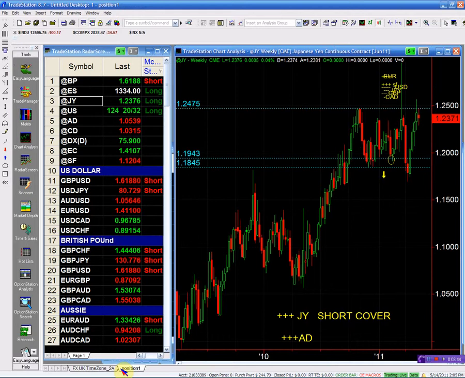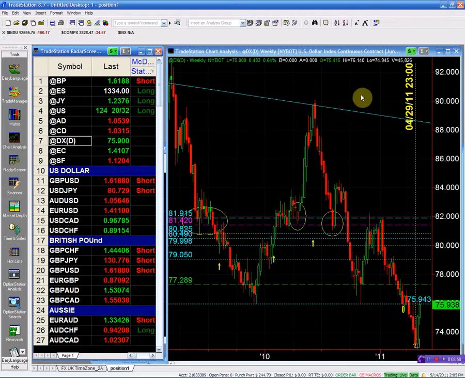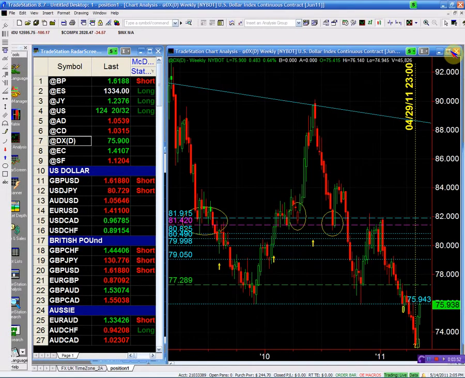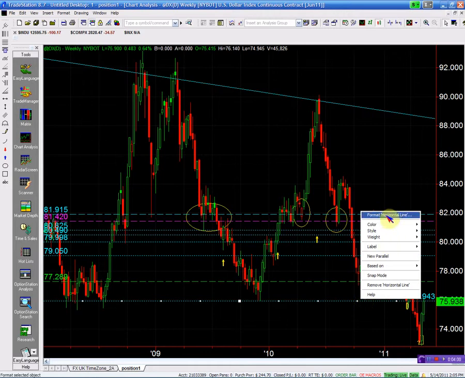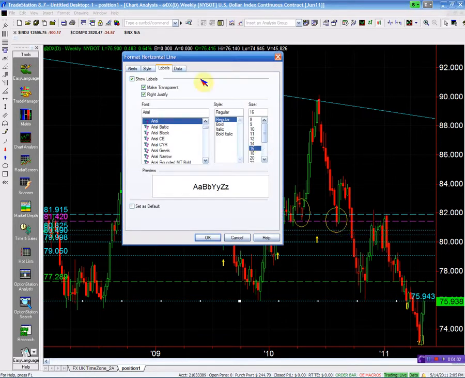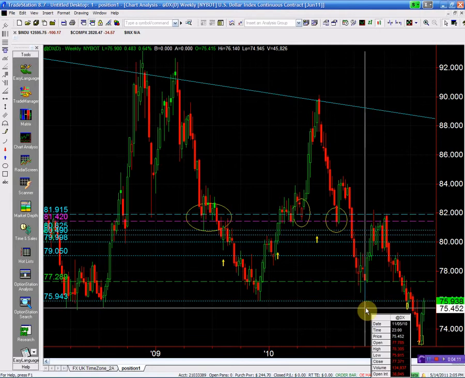indices, and if we look at the dollar index, this is the weekly chart. As you can see from last week, we have a major structure point at 75.91 or 75.94.